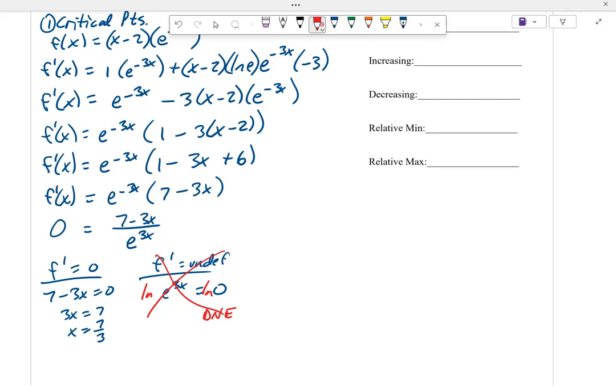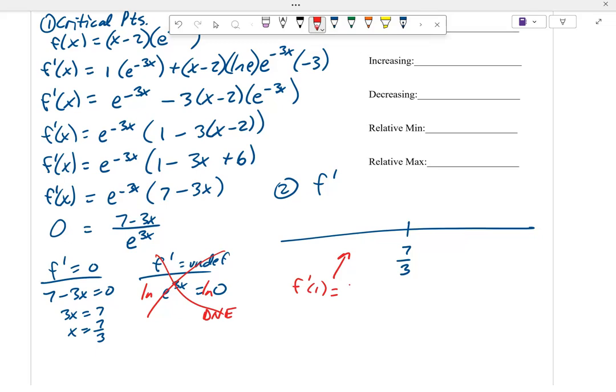So I'm only looking at step 2 on this. When I run this first derivative test, I'm only looking around 7/3. Okay. And so we could throw in some points to the left of 7/3, like maybe f prime at 1.